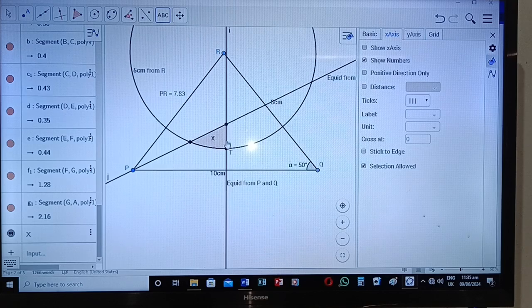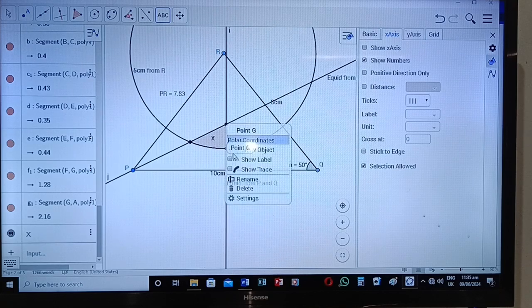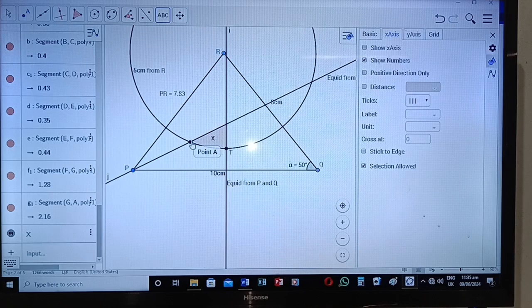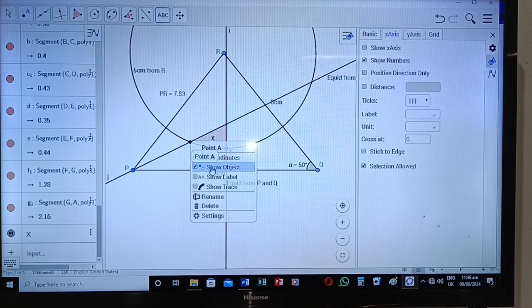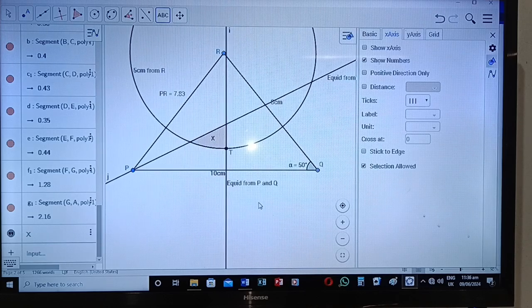Show label. This point also, show object. Okay, so basically this is how we do construction using GeoGebra.